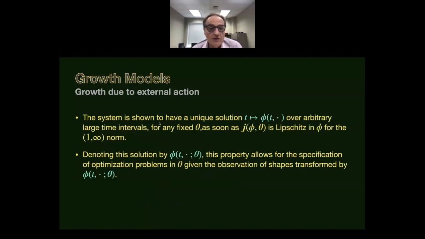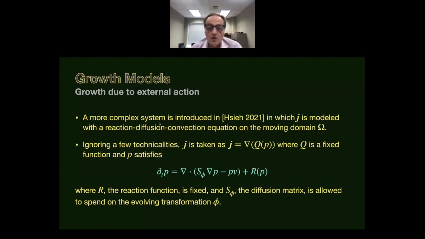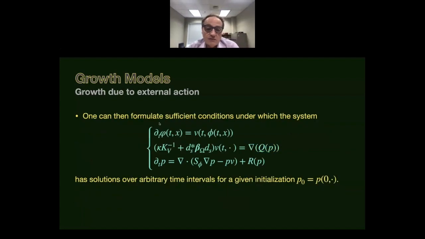We also have a way to generate growth through a reaction diffusion convection equation for which we are able to prove an existence theorem. So we get a system that looks like this.